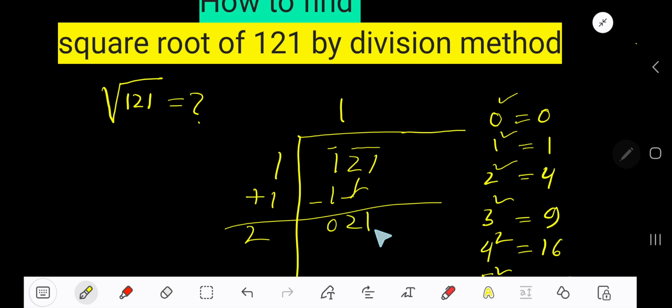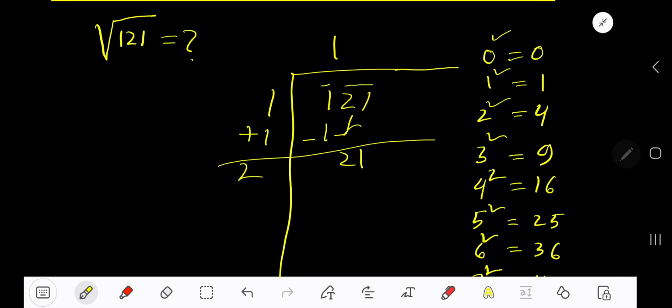0 to 1 means actually 21. Okay. Now take a number here, and you need to also multiply that number.